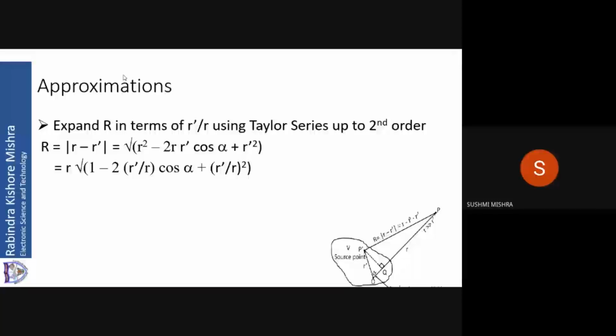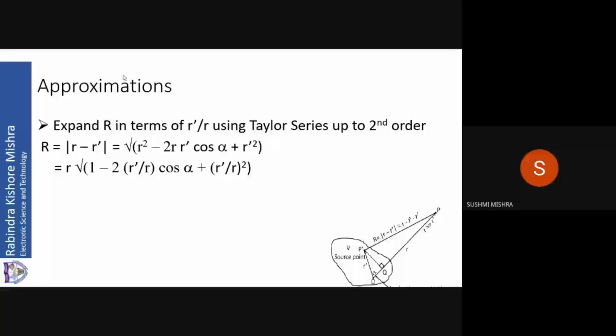How it is done? R minus r dash absolute is root over of r minus r dash square. What is r minus r dash square? It is r minus r dash dot r minus r dash. So if we do that, then r dot r is equal to r square, minus r dash dot minus r dash is equal to r dash square. Then you are left with minus 2 times r dot r dash. R dot r dash you can write out as 2r r dash cos alpha.